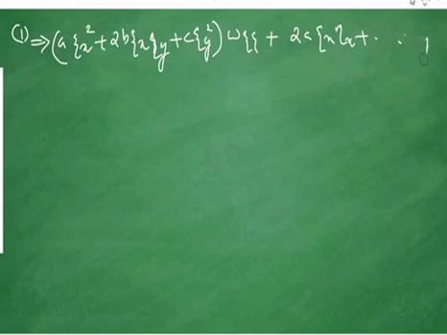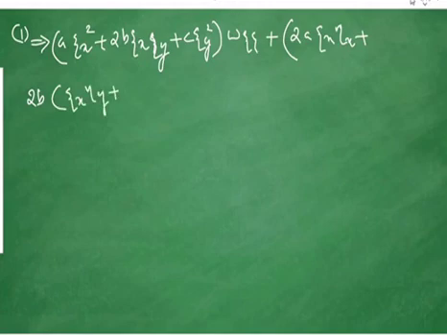That will be better. So plus, now this is in big bracket. And in small bracket there is 2b into theta x eta y plus theta y eta x.